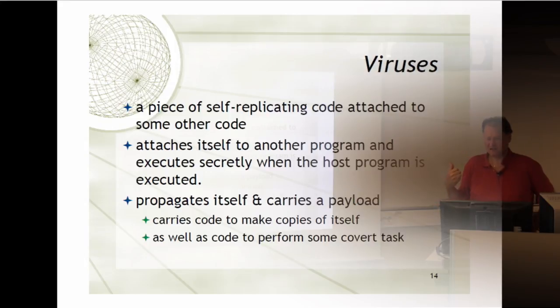But unlike a worm, a virus can't directly spread from one system to another. The way it can spread is that it will follow a host, a program that is copied from one system to another, and then the virus is attached and will follow. But it's not the virus itself that is spreading, it just follows.